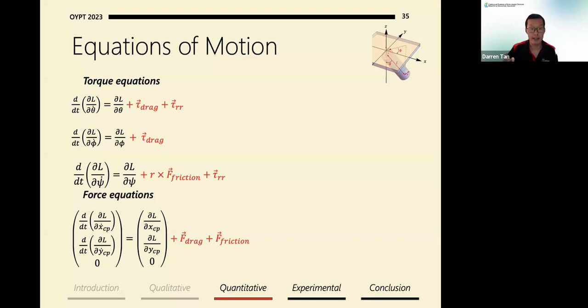But in this case, we really want to model it very accurately. So in order to match your actual experimental data, factors like the drag force and the frictional force all have to come in.